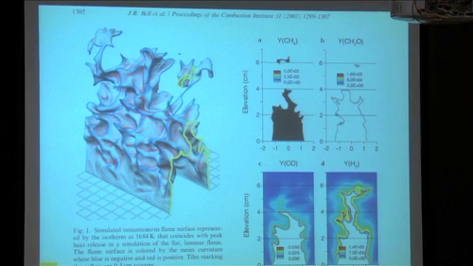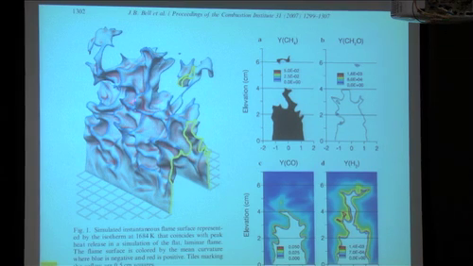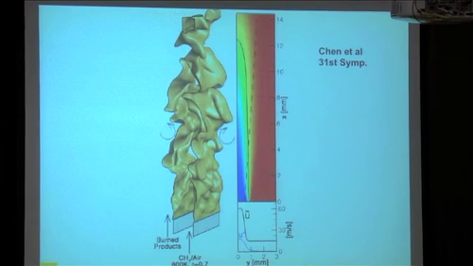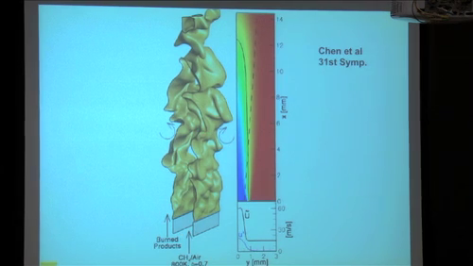This is another one coming from Bell's group. And again, you can recognize the simplified geometry so that you can put here a lot of chemistry and a lot of details on the modeling, but a very simplified geometry. Same here, I think this is a paper by Jackie Chan's group at Sandia, where you have a very complicated flame, but again, always a very simple geometry.